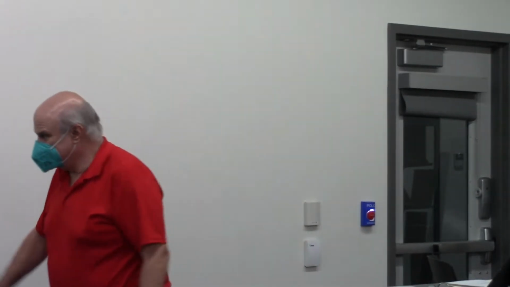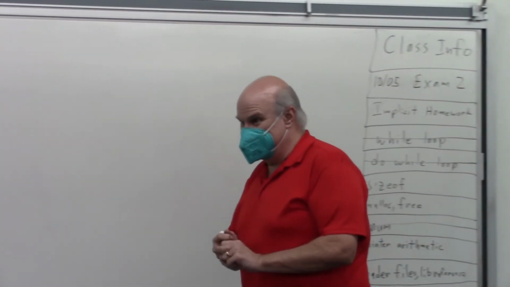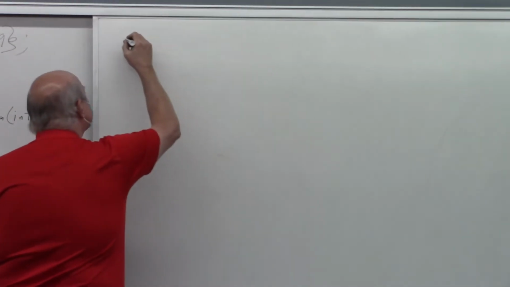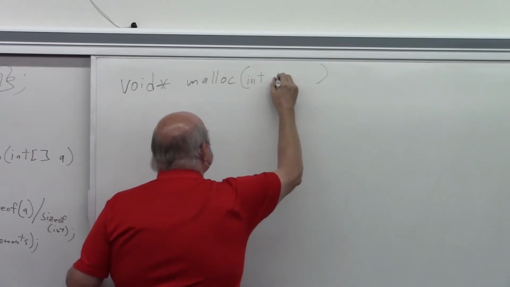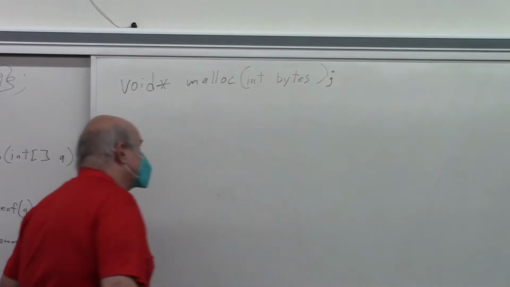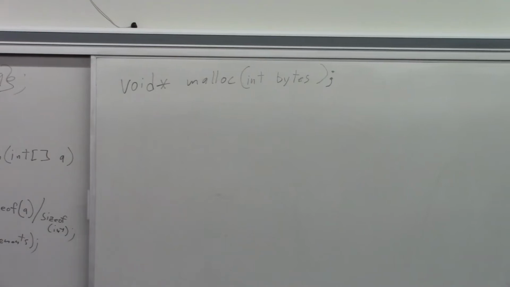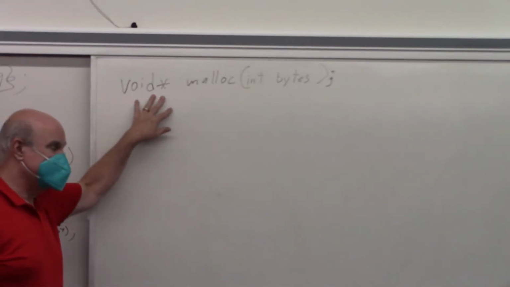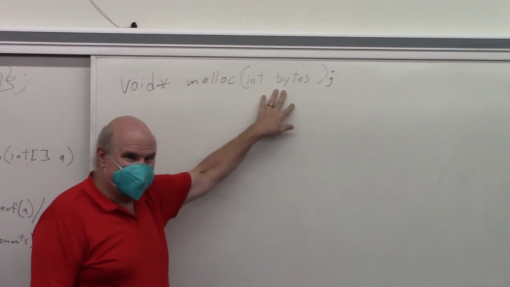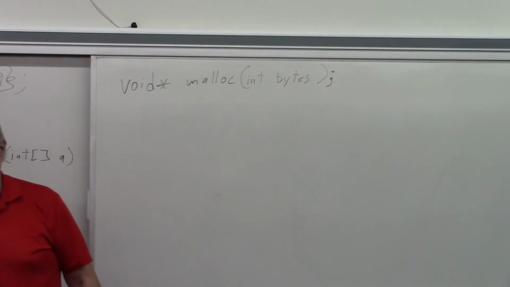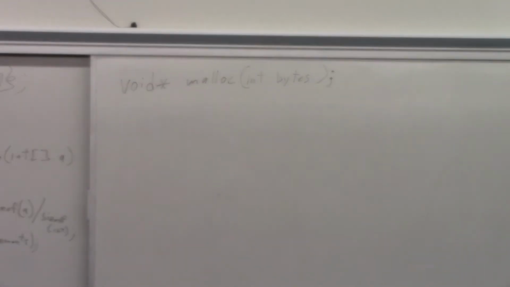So, malloc. What does malloc return? Effectively, this is what malloc is. It will return a pointer, and it will return a pointer to the number of bytes that you told it to allocate. Or it'll throw an exception saying, I can't allocate that memory.